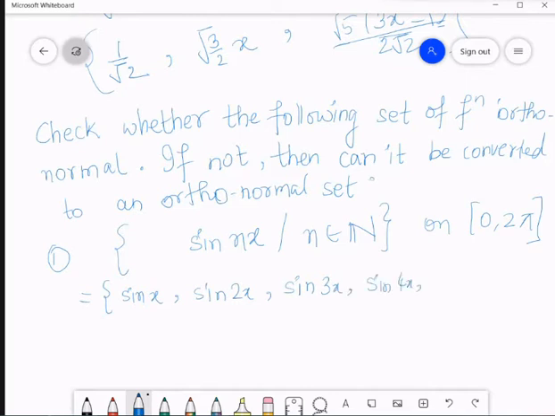What will be the last element? Sin nx will be the last element. No, it cannot be sin nx. I have written it as n belongs to, you know what this is? This is the symbol for natural numbers, the set of all natural numbers. How many natural numbers are there?